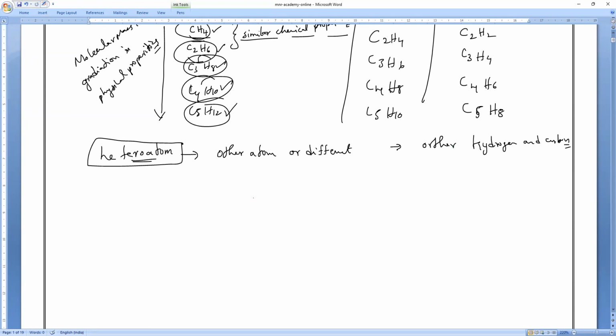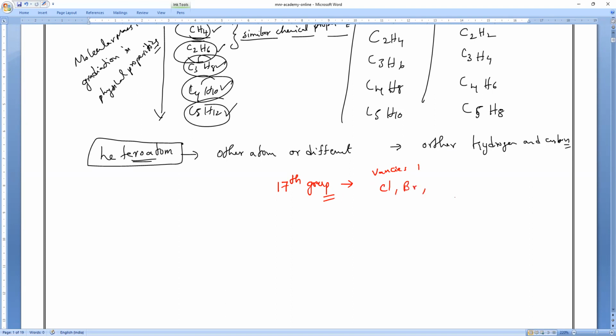Some of the common heteroatoms are in the 17th group of the periodic table. By this time you all know, what are the valencies of the 17th group? Anybody? Expected valencies of 17th group elements.